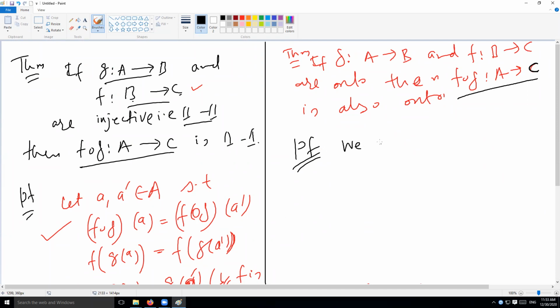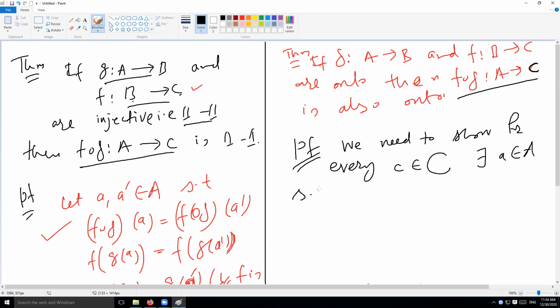We need to show, let's write it clearly, that for every small c in C, there is an A in the domain such that F composition G operated onto A should give me C. It should be like this, right?